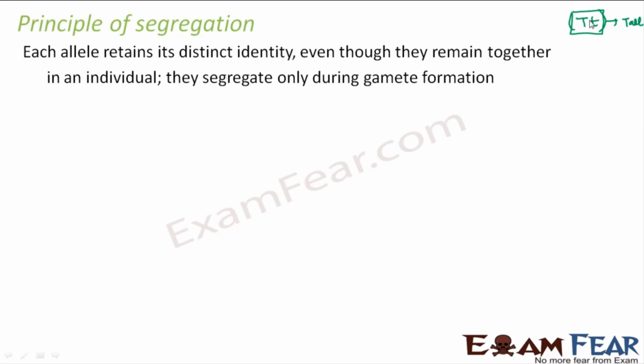That's because capital T is a dominant trait. But that doesn't mean that this small t, the hidden trait, will lose its identity. It will still retain its identity. And when will they separate out? They separate out during gamete formation. When you cross-pollinate it, each of them will separate out.